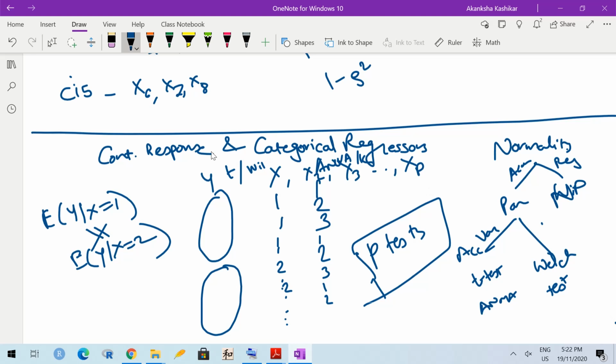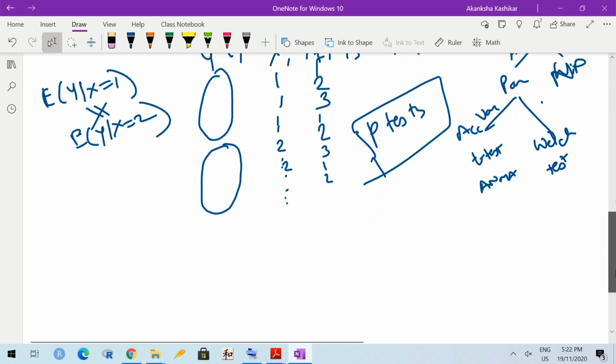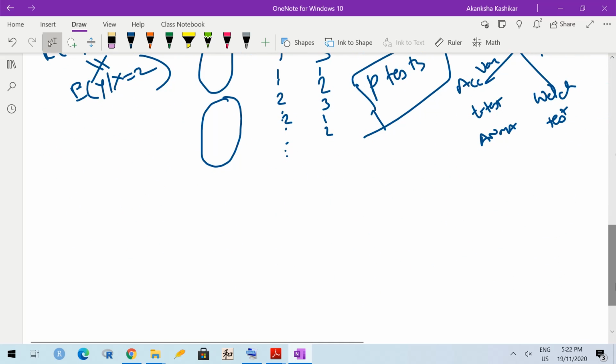Now let us go to the third scenario, where I have a categorical response and continuous regressors.